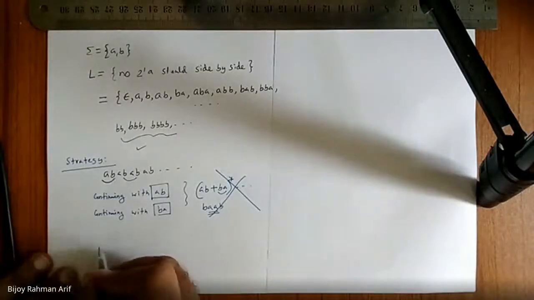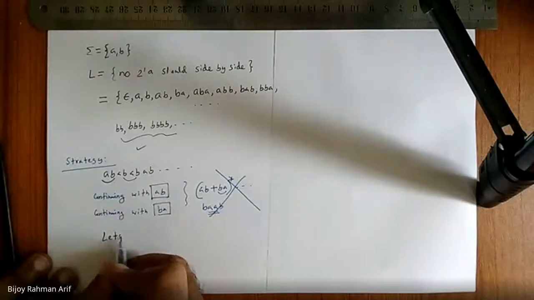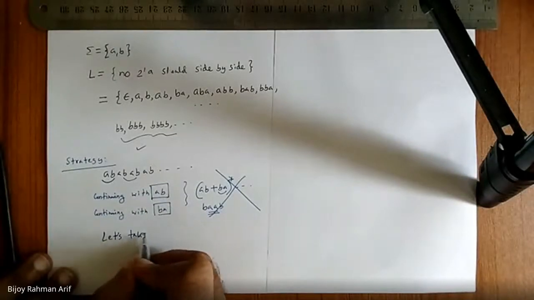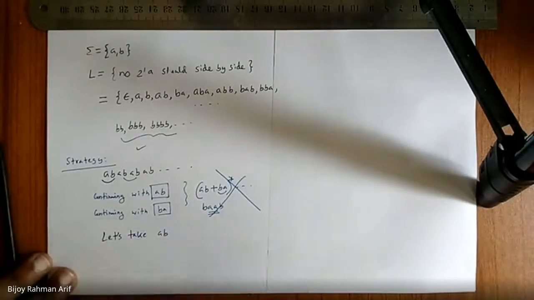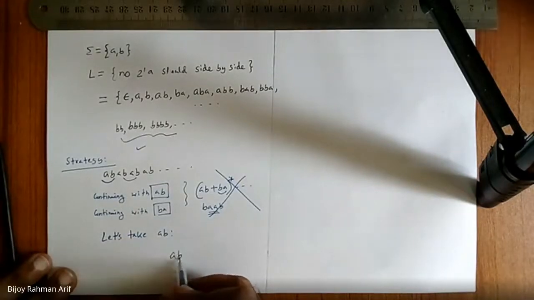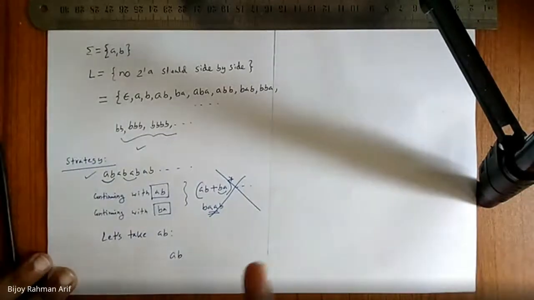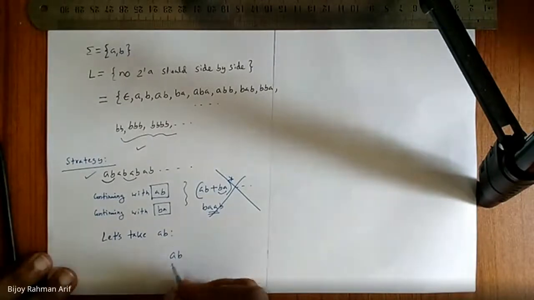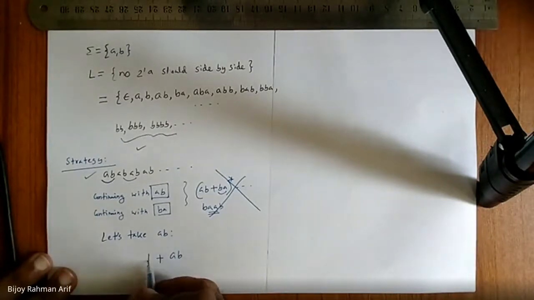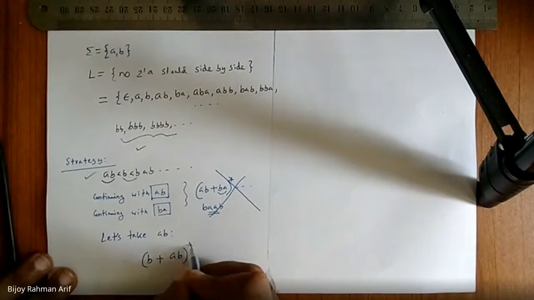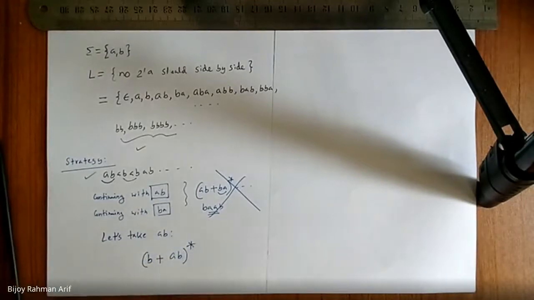Now, if you take AB as a building block, continuing AB, AB, AB, you can generate this. But before AB and after AB, there might be any number of B's. So you can write this, with a star. All right? Do you agree with me or not?